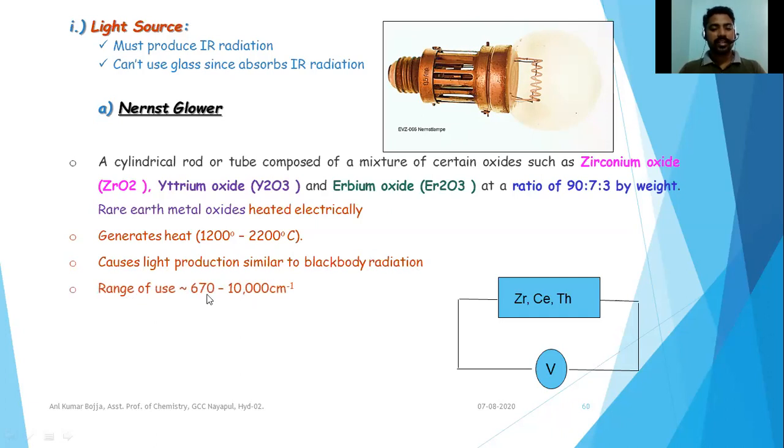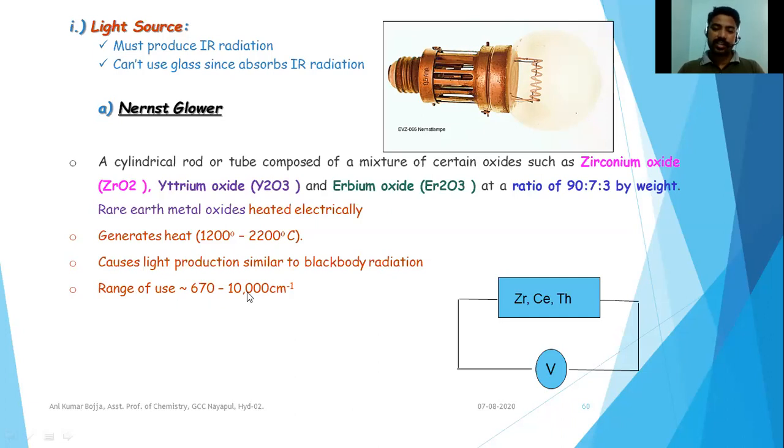Here you can see it is not producing radiation up to 12,500 centimeter inverse. It is exclusively producing radiation from 10,000 centimeter inverse to 670 centimeter inverse wave number.